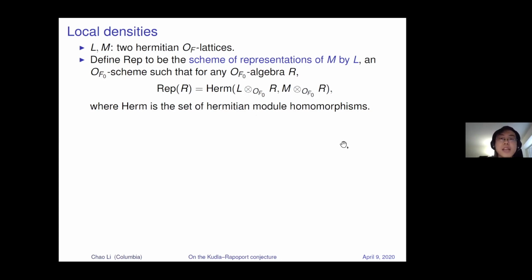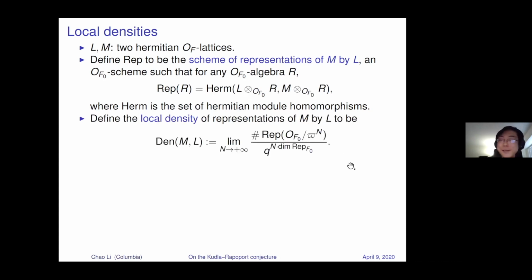The local density is trying to measure how large the scheme is, how many different ways I can embed L into M. Of course, this doesn't literally make sense, but I can always talk about the local density of the scheme. Namely, I can count how many points this scheme has over these truncated rings.